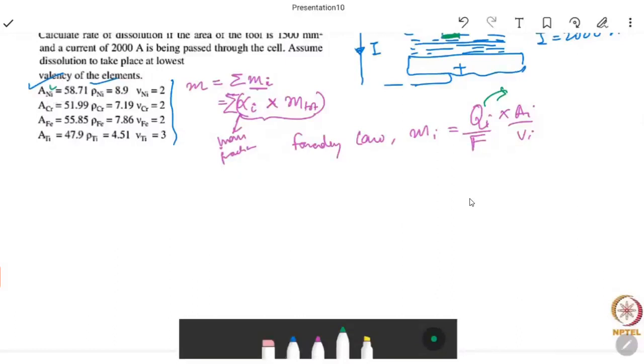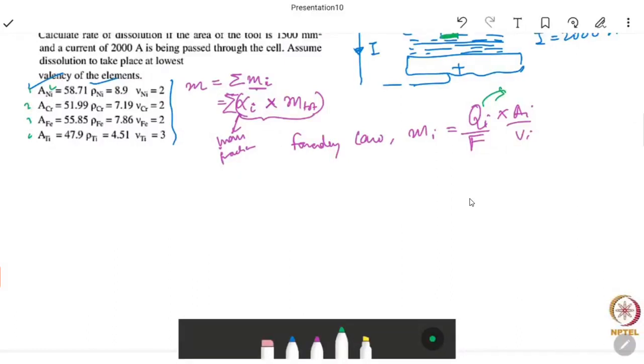Okay, so suppose this is 1, 2, 3, 4. So Q1 is the amount of charge flow that is contributed by nickel. Q2 is the same for chromium. Likewise.